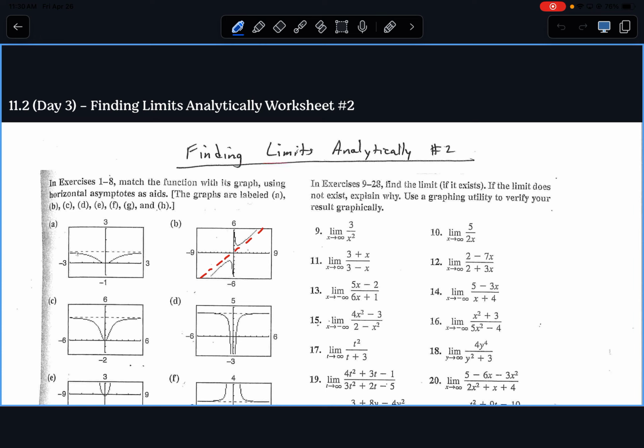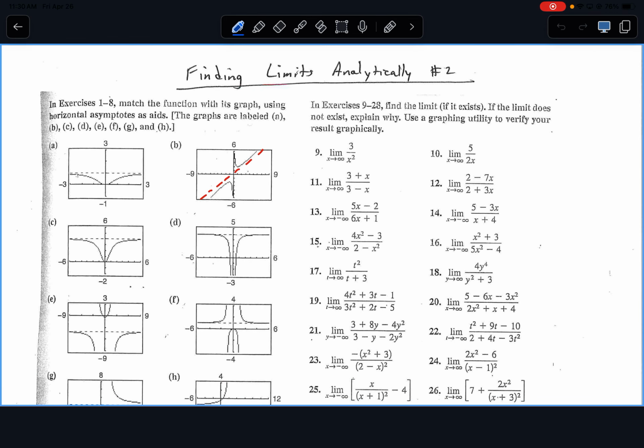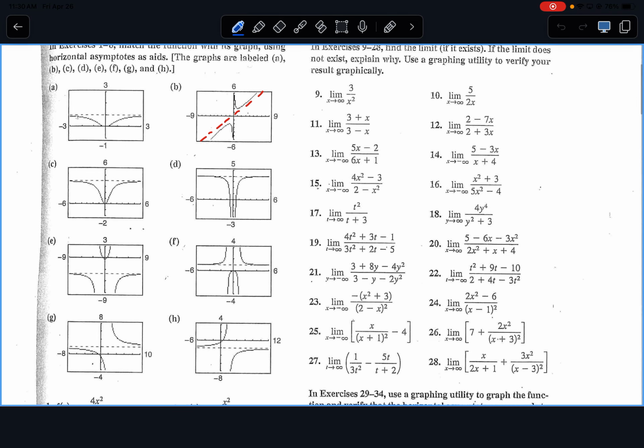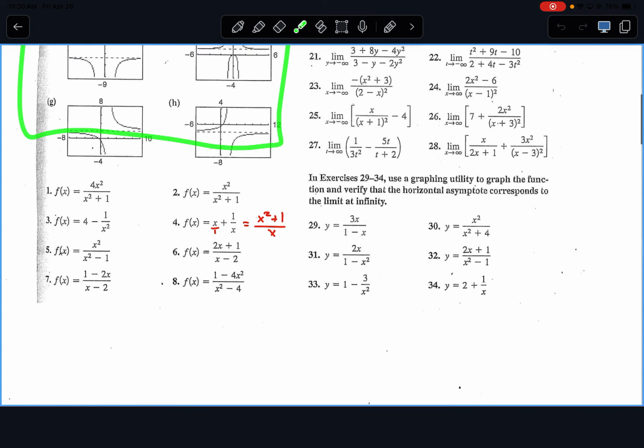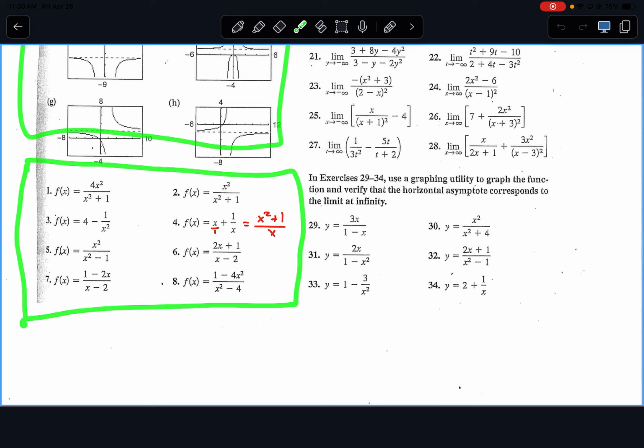Quick heads up on the worksheet that I just gave you. The first set of problems, you've got all of these graphs. What you are trying to do is match up the graph to the equation down below. Okay?